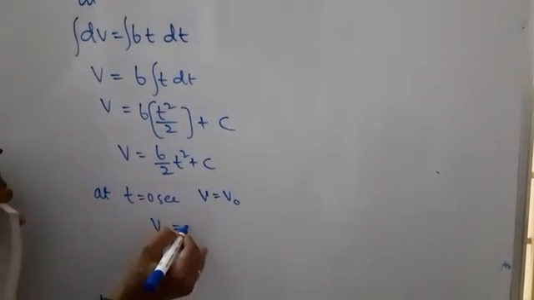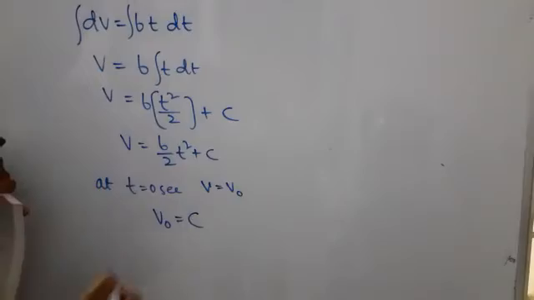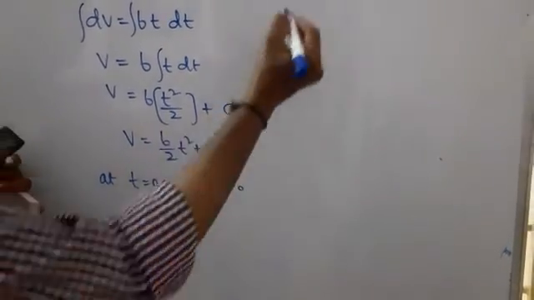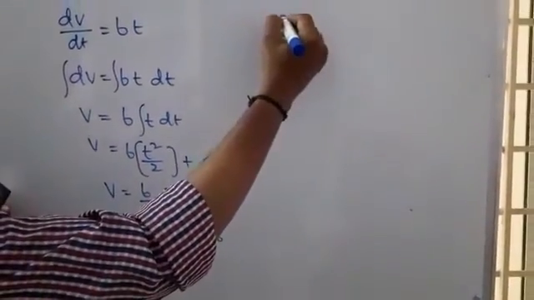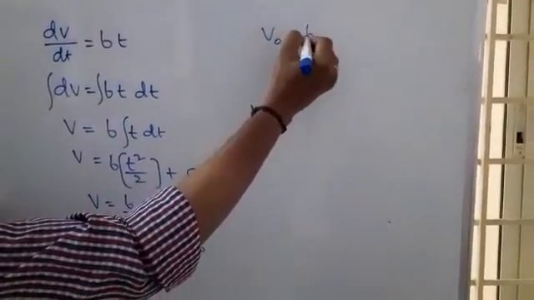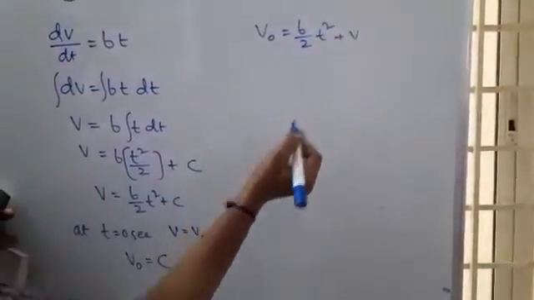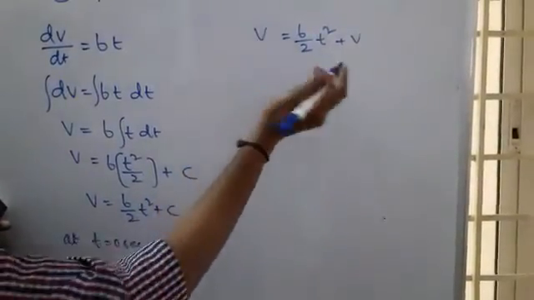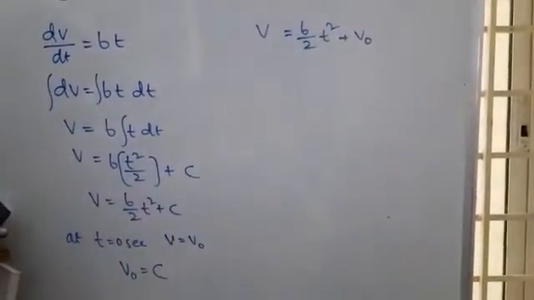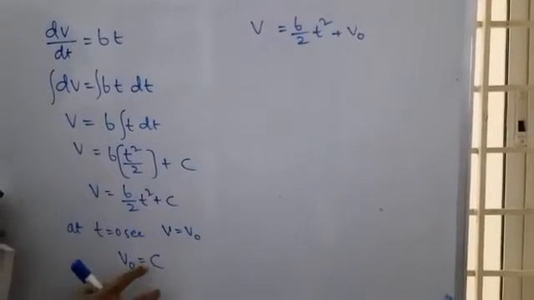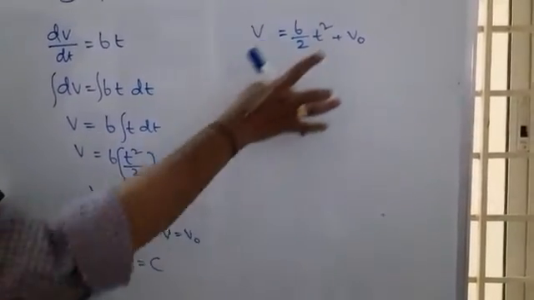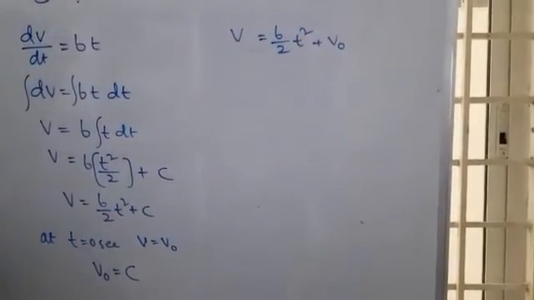Therefore v naught is equal to c. Substituting this value, v is equal to b by 2 into t square plus v naught. Instead of c I am substituting v naught. So this is the final equation.